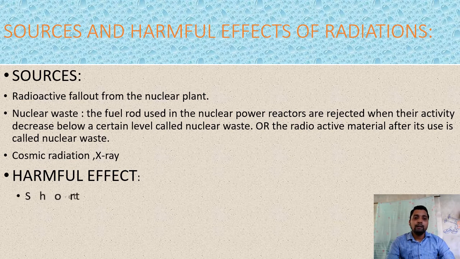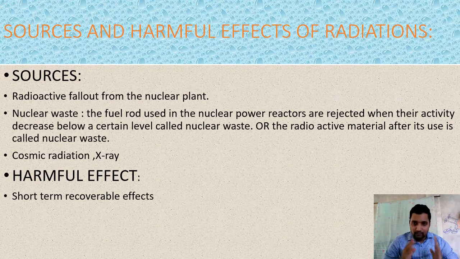First one is a short-term recoverable problem, meaning the type of effect which can be cured, like diarrhea or minor headache. This type of problem can easily be sorted out. When we are exposed to radiation, sometimes a headache starts, and that person can go for medical treatment and be easily cured.